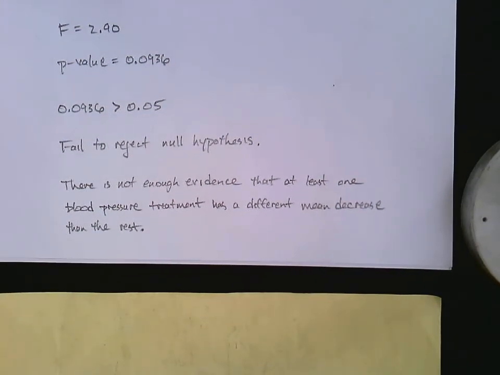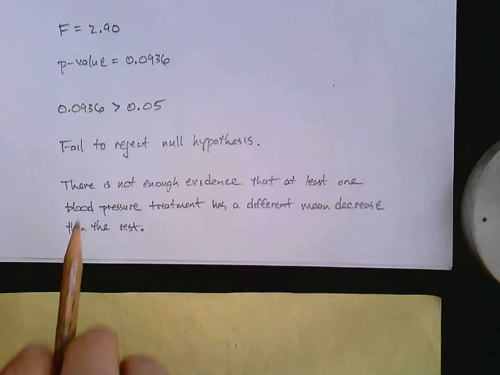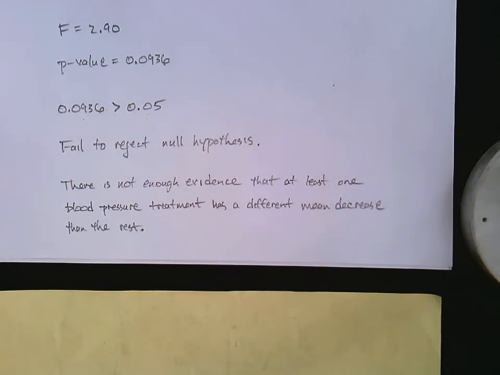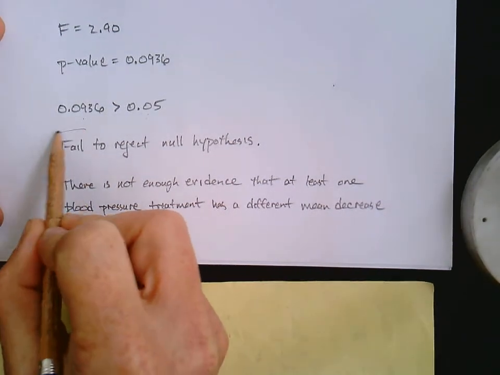We could probably say, it looked to the eye when we were looking at this data like the exercise was not as helpful for lowering blood pressure as the medication or the diet. But we go through the whole test, and we're suspicious of that, but do we have enough evidence? And it turns out no. We got a 0.0936, not especially close to 0.05, so we failed to reject.